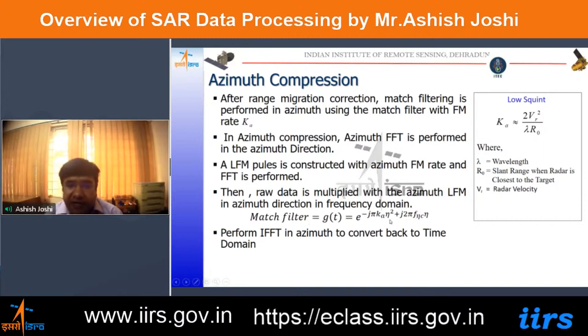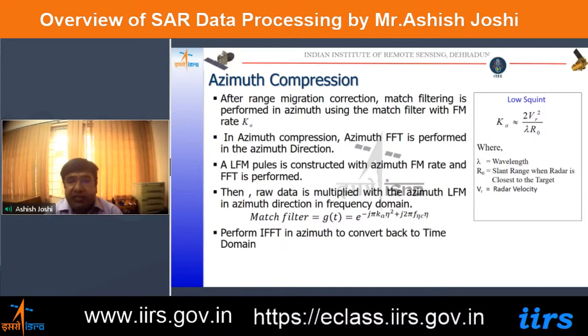This matched filter we have to multiply in the azimuth direction. So in azimuth compression, the azimuth FFT is performed in the azimuth direction, and then LFM pulses are constructed with the azimuth FM rate and an FFT is performed. Finally, we do the inverse FFT and convert the whole data again into the time domain.